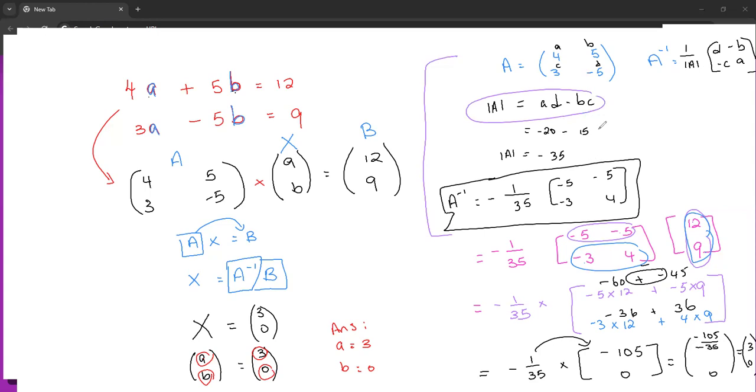So that's how I remembered AD, A with D, and B with C. So you find out what's the determinant, and then you're going to multiply it by, you're going to swap these two, right? So of the original, of course, swap their positions, the A and the D, and you change the sign of the other two. So you end up with a fraction, or sometimes this might be like 1 or -1.